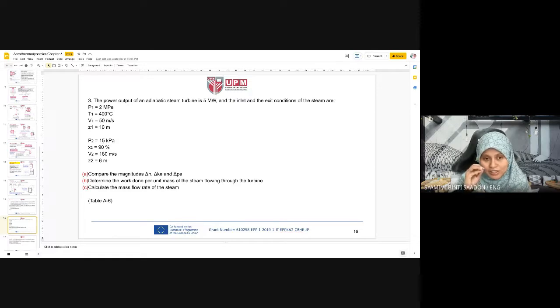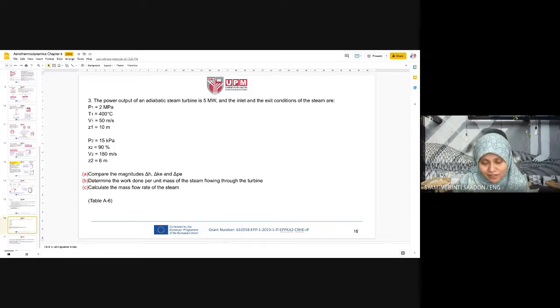the situation, the location of inlet and outlet. Point 1, point 2 of the example of the problem in a TS diagram. Try to imagine first, try to sketch in your notebook the TS diagram, temperature versus entropy.